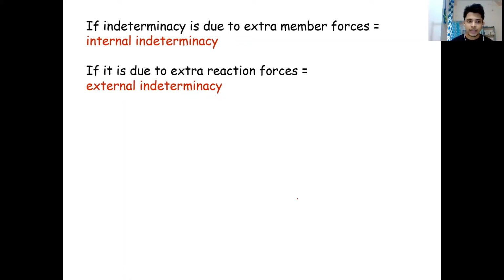Now if we have extra support reactions than required for the structure to be stable, then we will have an external indeterminacy. So the indeterminacy arising from external support condition is external indeterminacy, and the indeterminacy arising from internal members is internal indeterminacy.